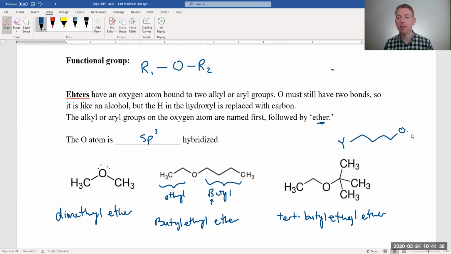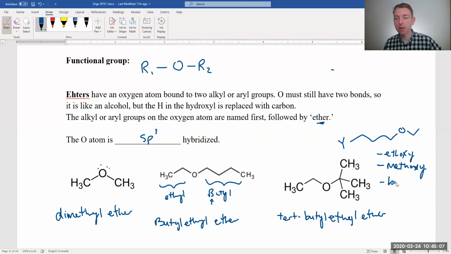But we also have an ether group on it. So in this case, instead of hydroxy, where we have hydrogen, oxygen, we're going to call whatever the group is with an oxy. So if this is 2 carbons, this would be ethoxy. If it was 1 carbon, it would be methoxy. That's X, Y, okay.